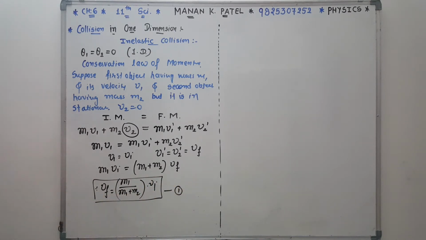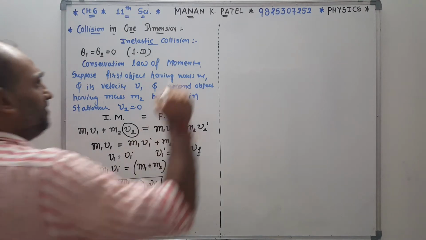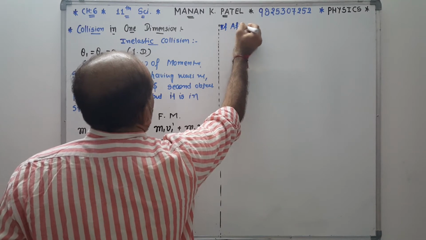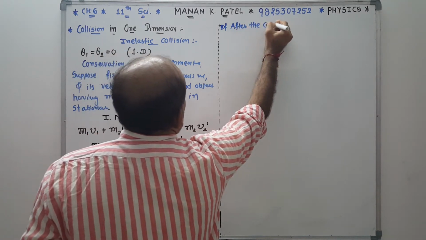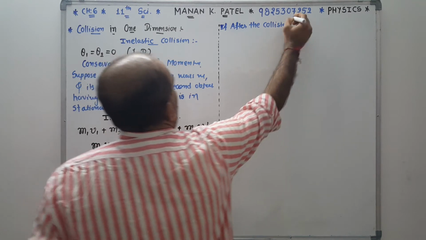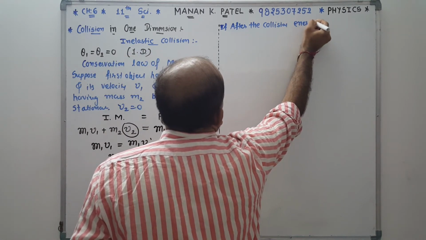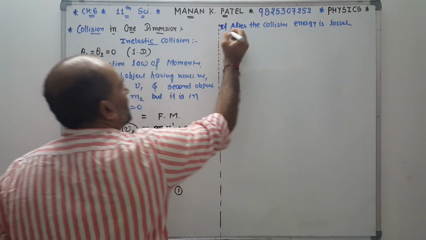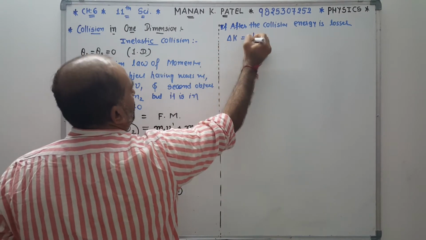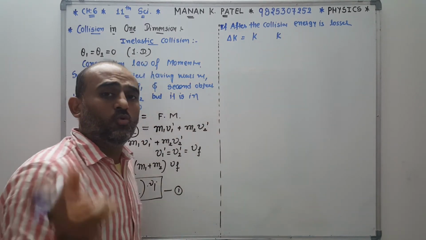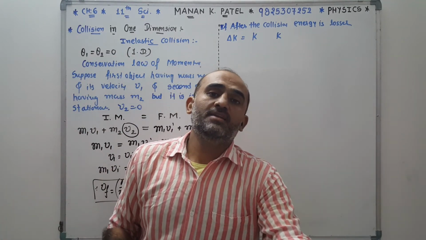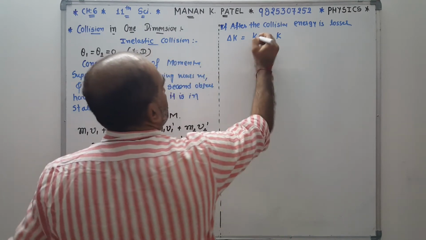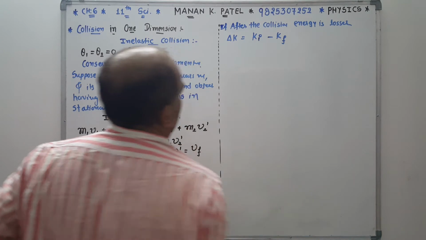Now after the collision, energy is lost, then delta K is equal to final minus initial, as we always write, but here the kinetic energy is lost, so initial minus final.